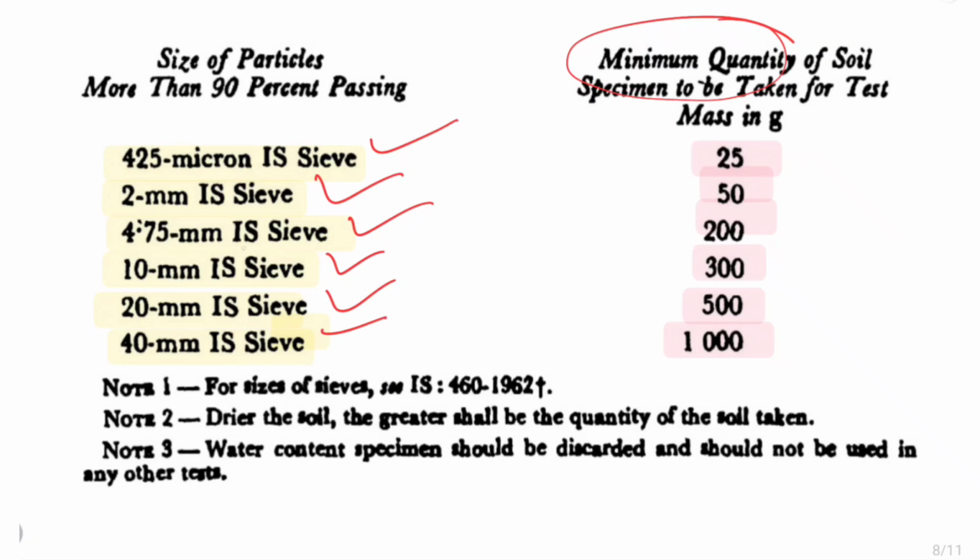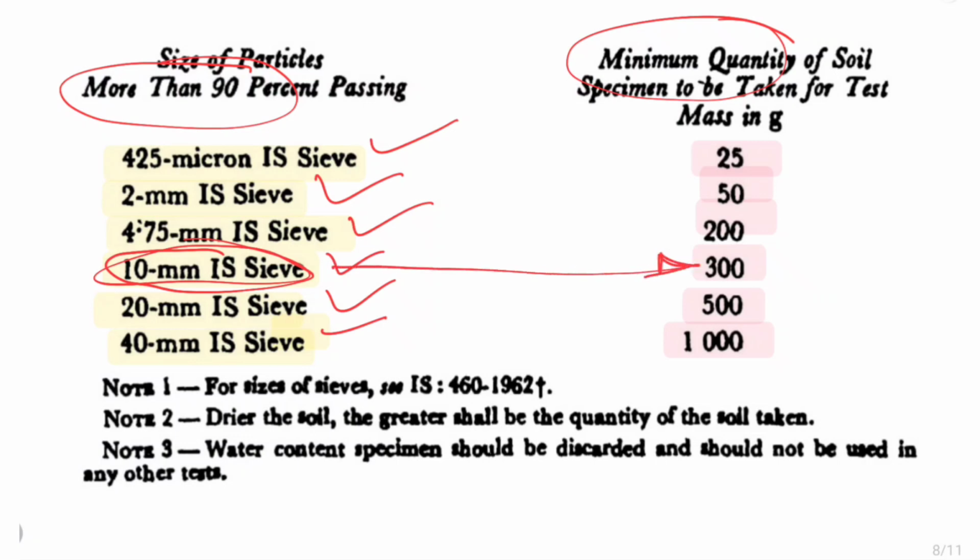For example, for a soil having more than 90% passing through the 10 mm IS sieve, around 300 grams of soil sample is required to determine its water content.